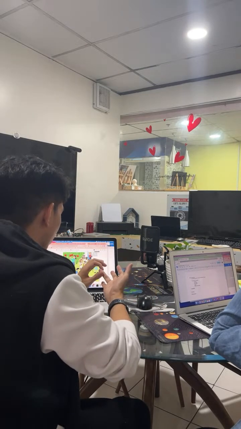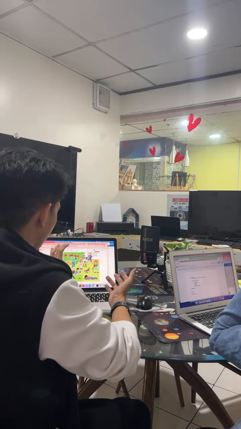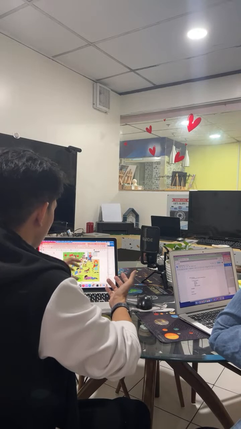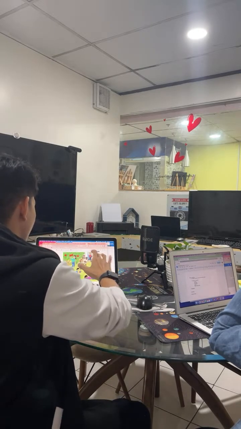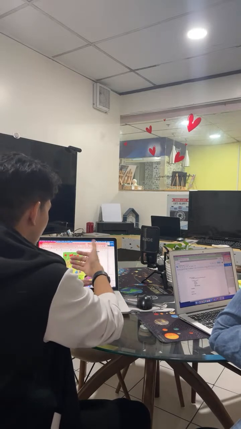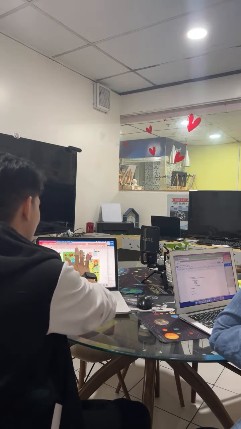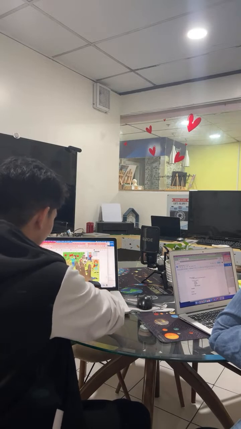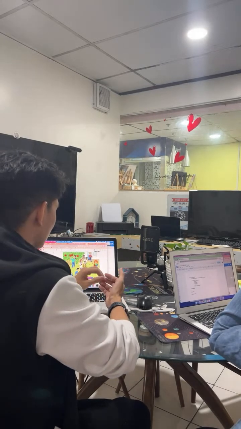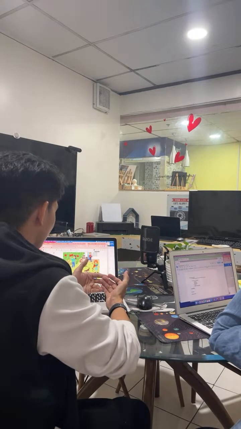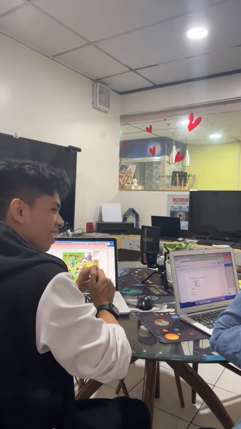Now, there is one problem when it comes to discussing a picture. Sometimes the picture is too big, and teachers ask, what can you say about the picture? Then the student gets confused on what he or she will talk about. For that, what do you think?